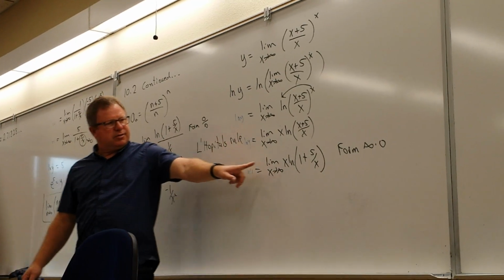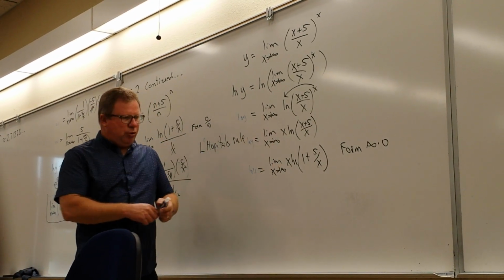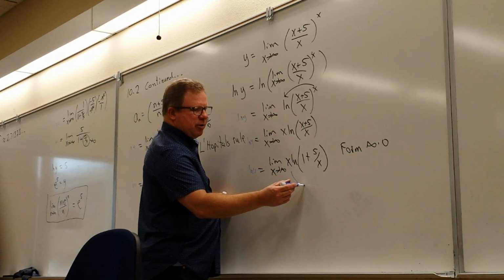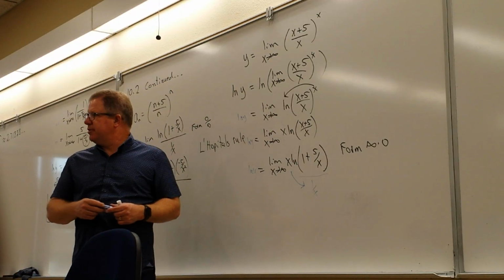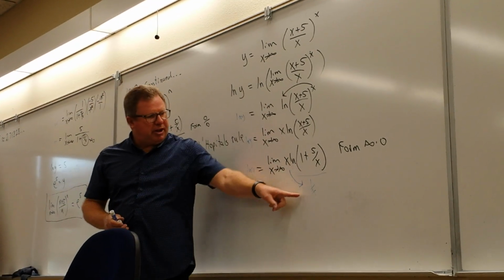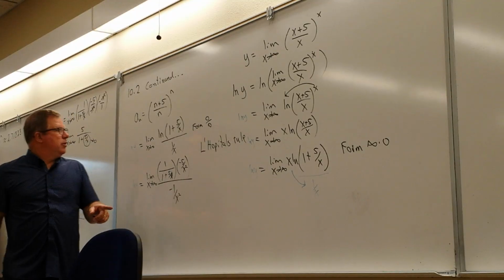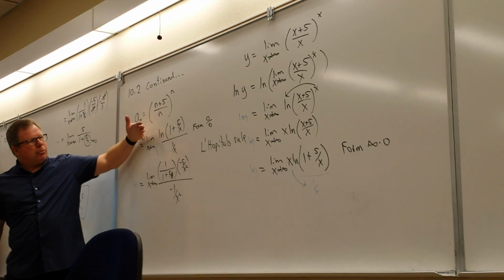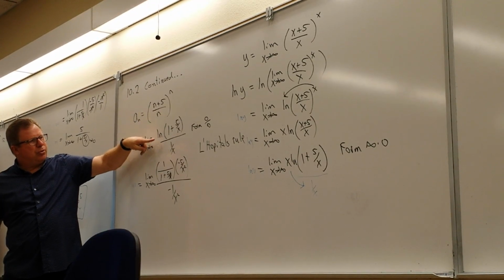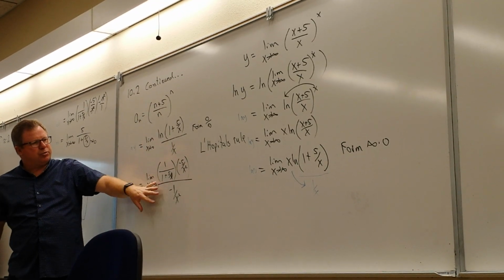So the x, if you move the x down below, it becomes 1 over x. That make sense? Because if you multiply by the reciprocal, it puts it back there. And so that's how we got this. Now we have the form or type 0 over 0, so we could use L'Hopital's rule.